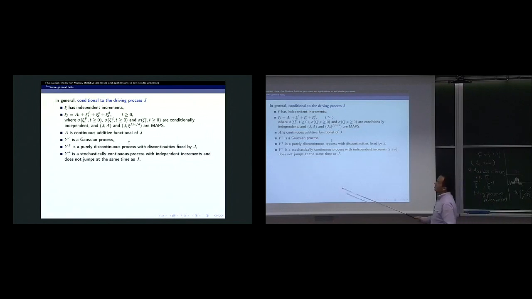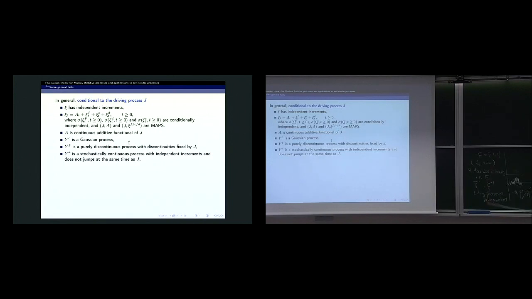So the structure of all these processes depends on J. The variance of the Gaussian process depends on J, the jump measure depends on J, and this jump measure depends also on J. In a general state space, we don't have that matrix representation, but we still have a Lévy-Khinchin formula.